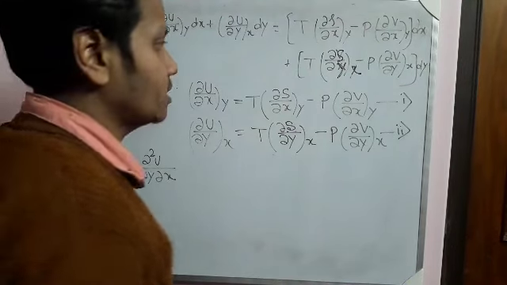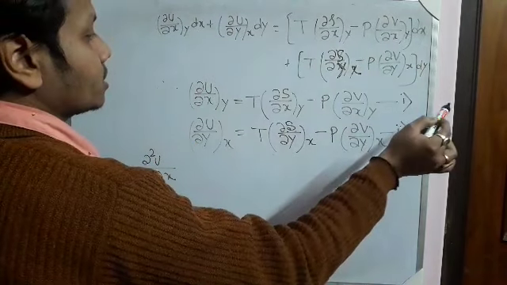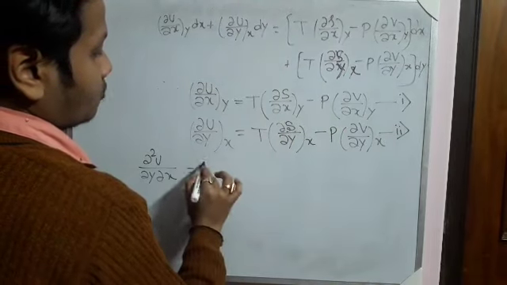So in my next class I will tell you about what perfect and imperfect differentials are and what the condition of perfect differential is. Okay, so differentiating equation 1 partially with respect to y, what we get? Constant t.